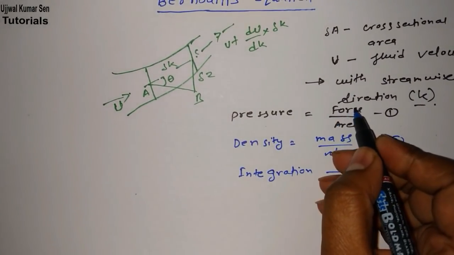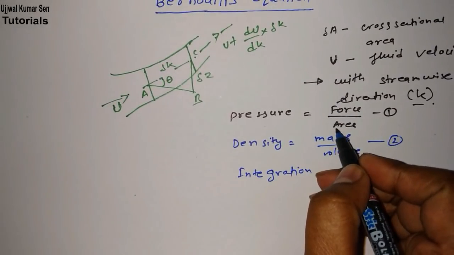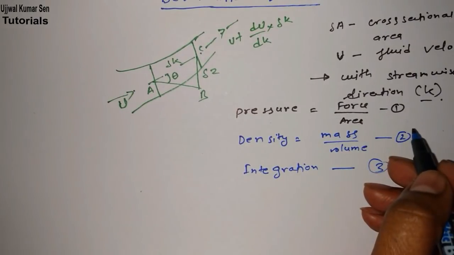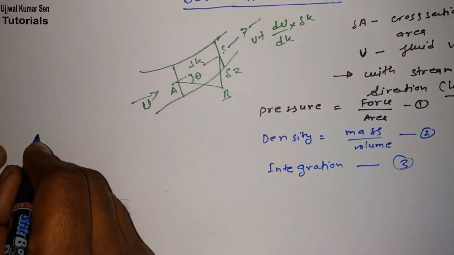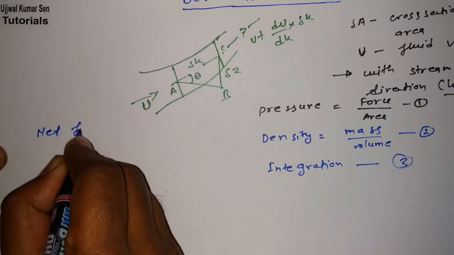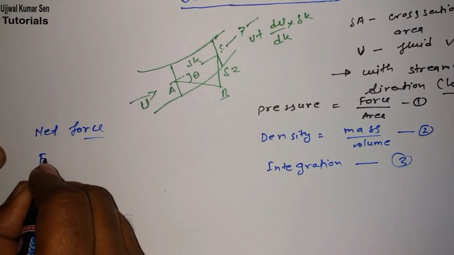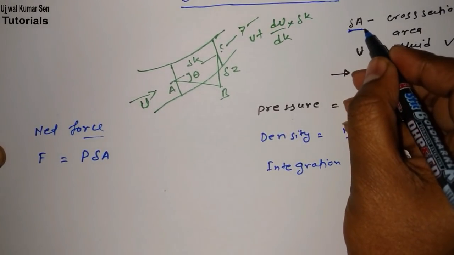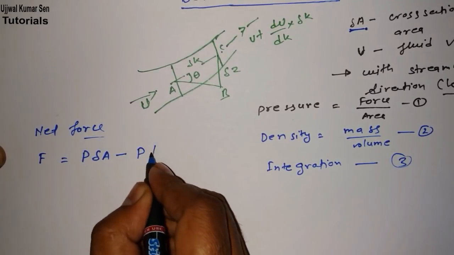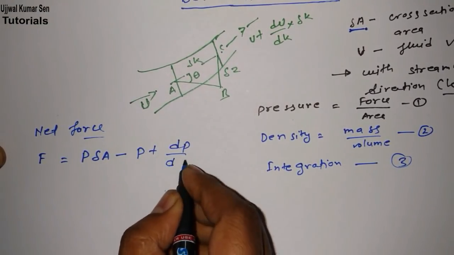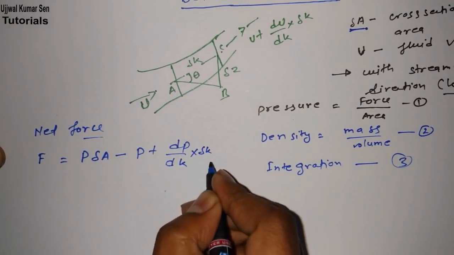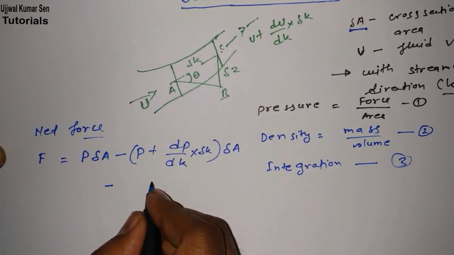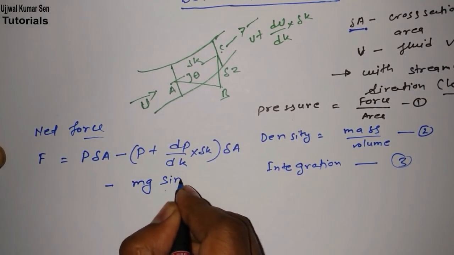So if pressure is equal to force by area, then we can say force is equal to pressure multiplied by area, isn't that? So this is simple. Now net force F is equal to P delta A, the cross sectional area we have already considered, minus (P plus dP by dk into delta k) multiplied by delta A, minus mg sine theta.